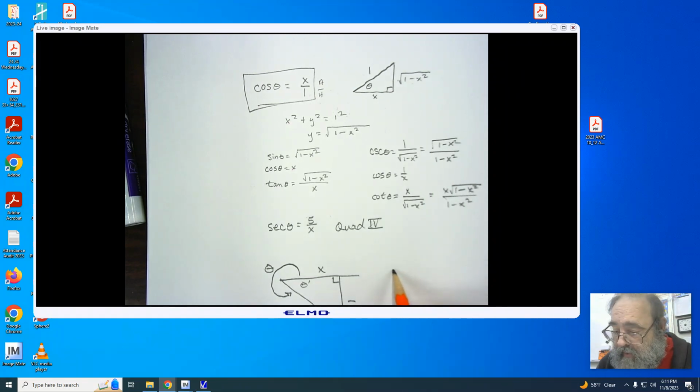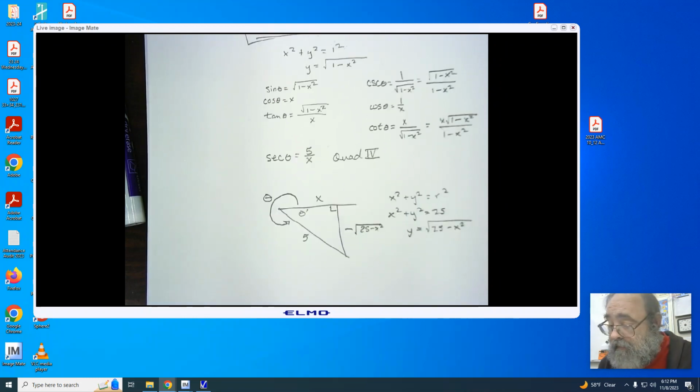Working with the Pythagorean Theorem, x squared plus y squared equals r squared. x squared plus y squared equals 25. y then has to be the square root of 25 minus x squared. And when I put it into the triangle here, I make sure I include that negative. I now can find my 6 trig ratios.